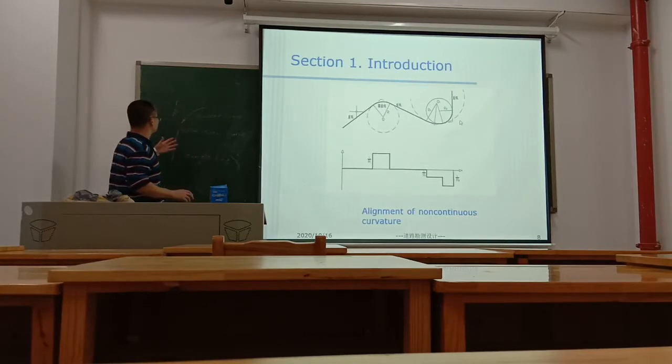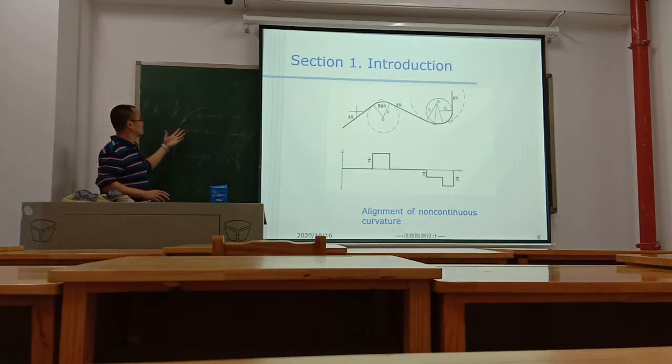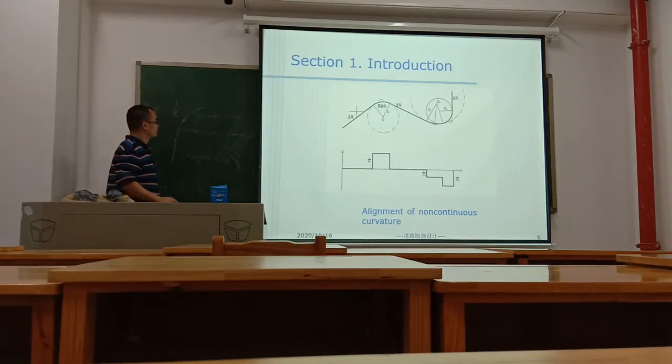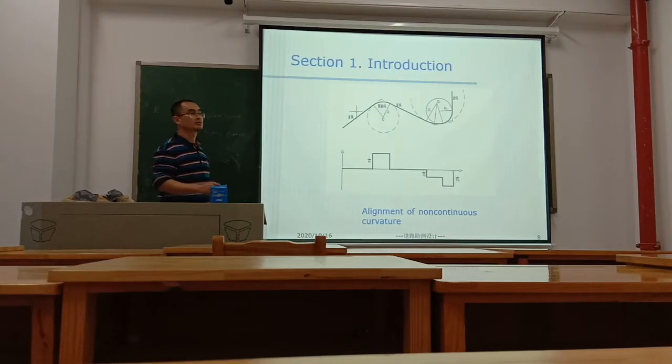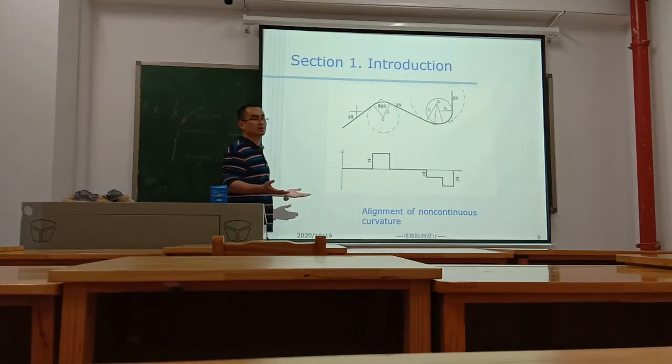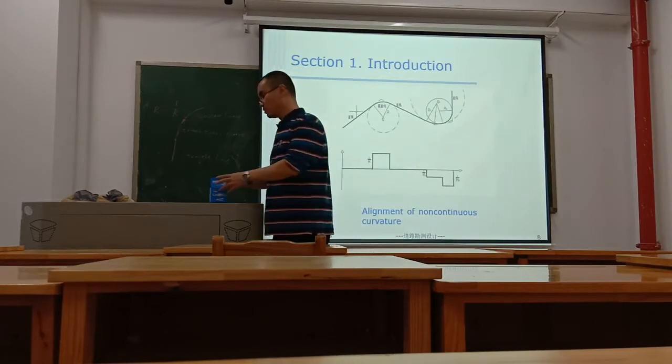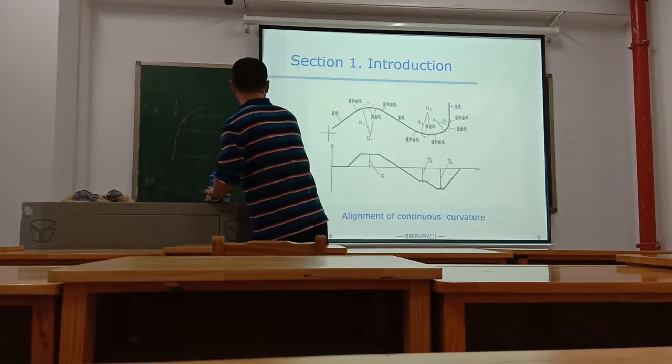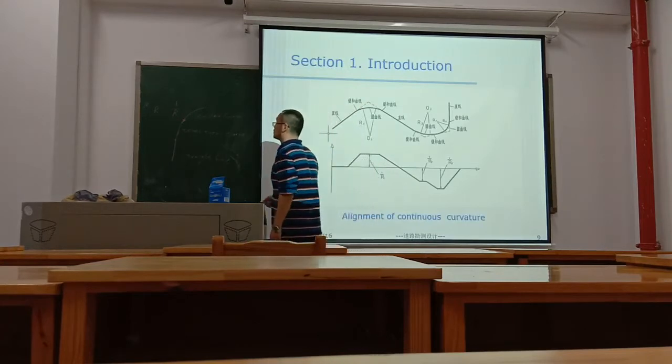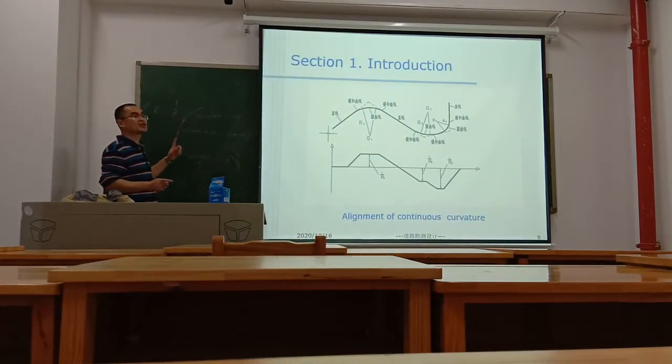If there is no transition curve between the straight line and the circular curve, the alignment has non-continuous curvature, because the curvature of a straight line is zero.